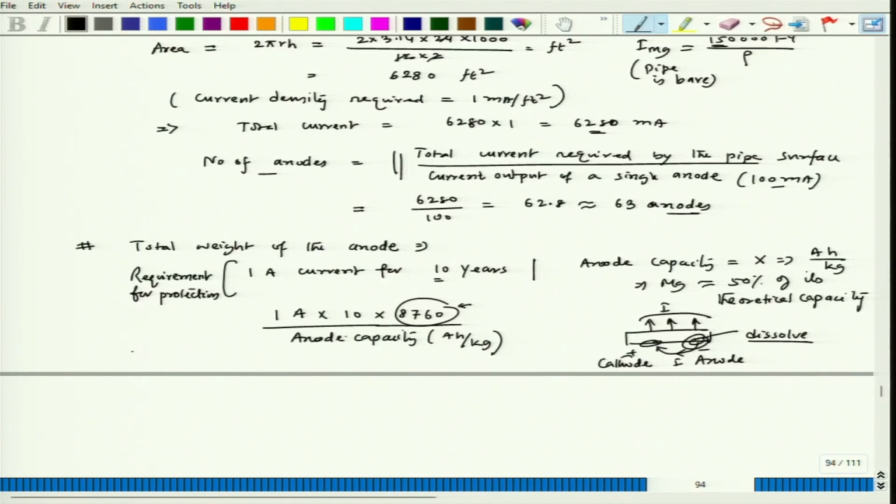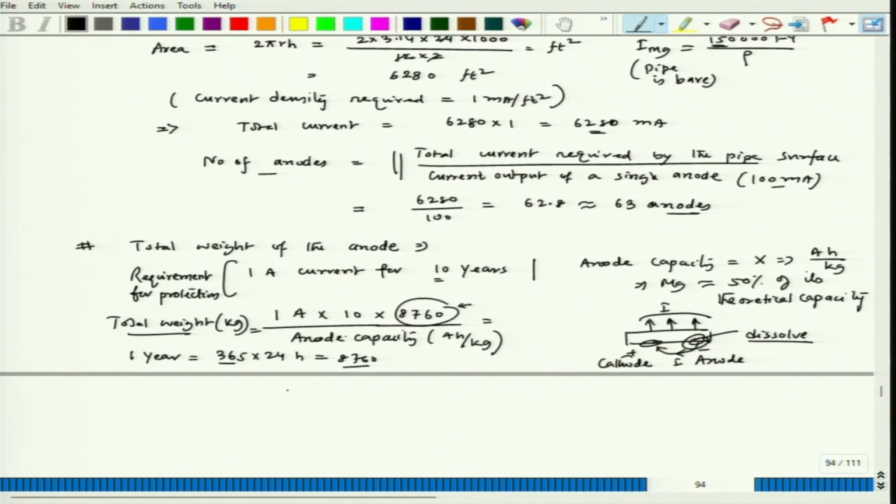So, now we have to find out for 10 years how many hours it becomes. For 1 year we can calculate how many hours: 365 into 24, 365 days. So, if we multiply, you should get this. So, that becomes the total weight in terms of kg.